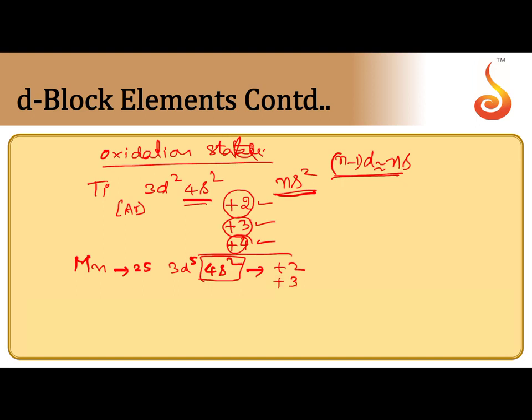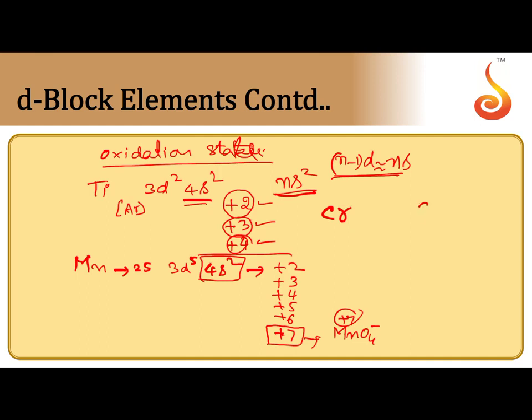So, 2 plus 1, 3; 2 plus 2, 4; 5, 6, 7. So, the maximum oxidation state exhibited by manganese equals ns electrons plus n minus 1 d unpaired electrons, that is +7. For example, in MnO4 minus, the oxidation state is +7.